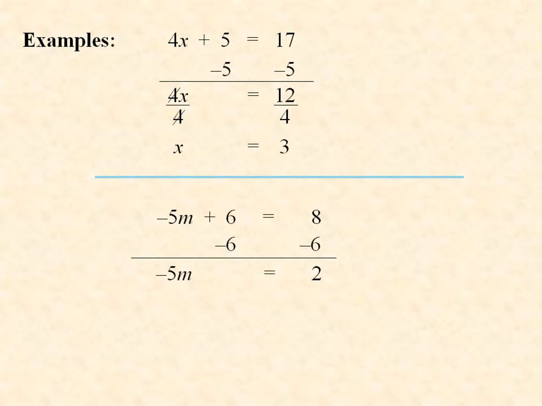And that leaves us with negative 5m equals 2. Now negative numbers can be a little confusing, so we will change the negative 5m to positive 5m by simply multiplying both sides by negative 1. Then we have 5m equals negative 2. Now we undo multiplication by 5. We divide by 5. The 5's cancel on the left, and we're left with m equals negative 2/5.